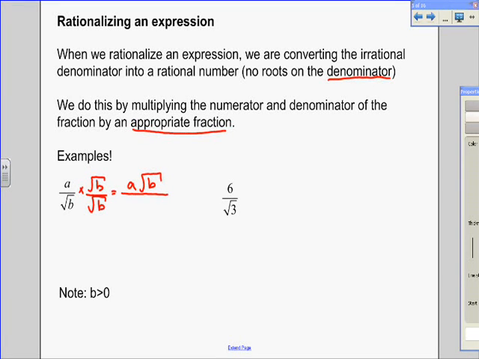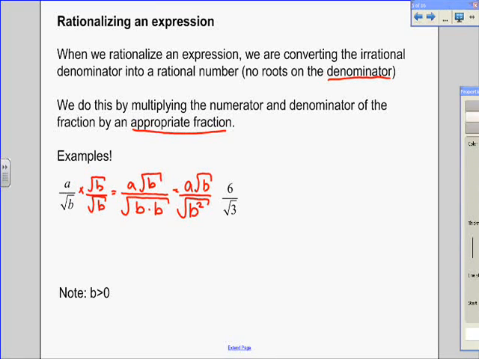But on the bottom, the root of b times the root of b can be simplified. It can look like this, the square root of b times b. Well, b times b is b squared. So I have the square root of b squared on my denominator. What do I know about those two operations?